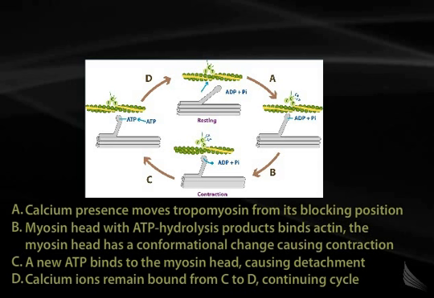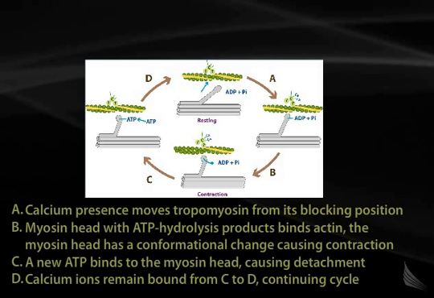Now is when the energy is utilized. ATP will hydrolyze itself. It will release a phosphate group, and in the process, that energy is used to put myosin back into a high energy state. That is, it adopts a different configuration, no longer this acute angle configuration, and is now ready to bind actin again.